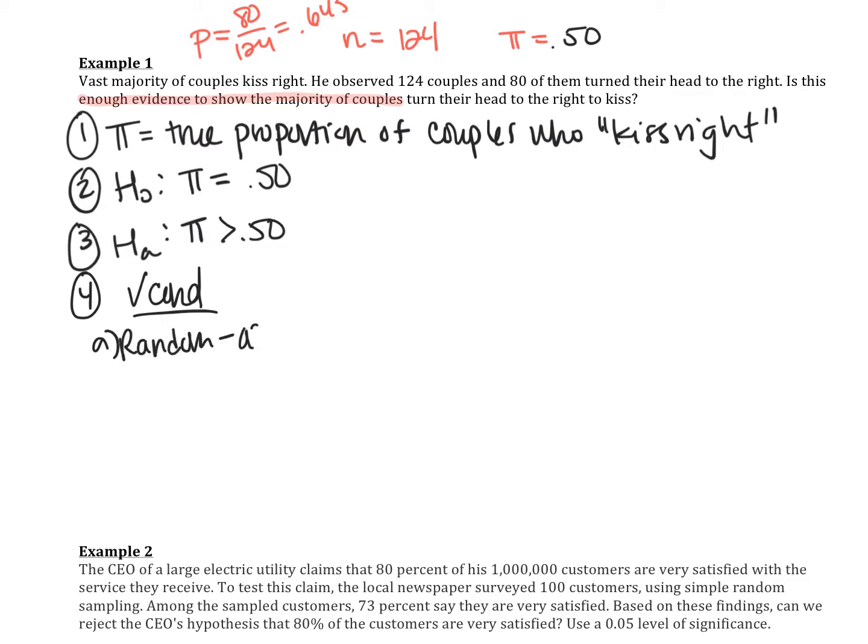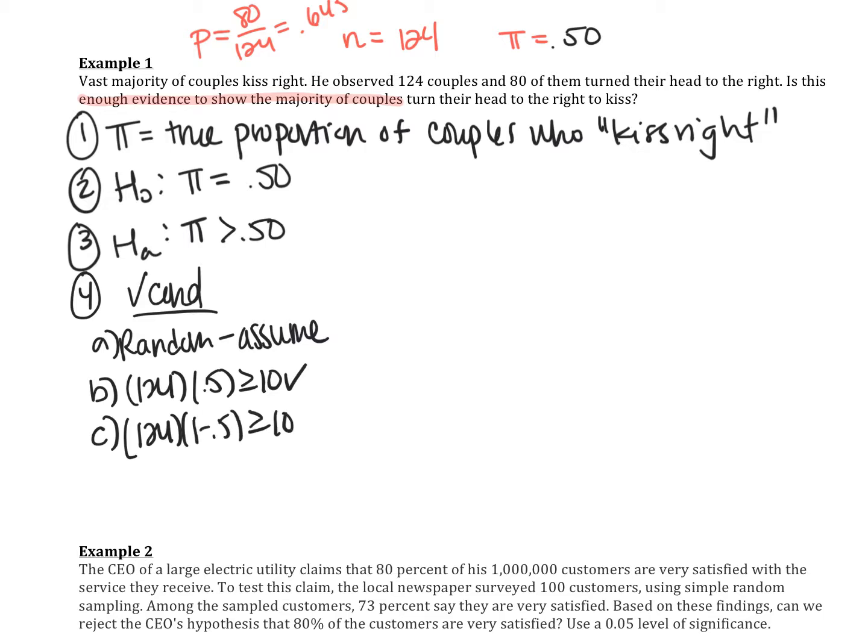Not stated, so we'll assume. B, n, 124 times 0.5, that's greater than or equal to 10. And C, 124 times 1 minus 0.5 is still greater than or equal to 10. Step D, 124 is less than 10% of the population.